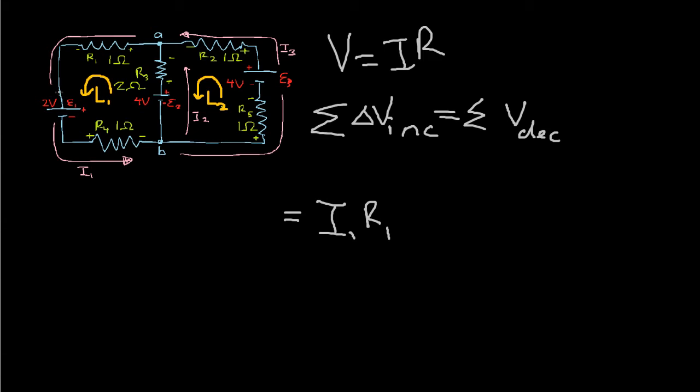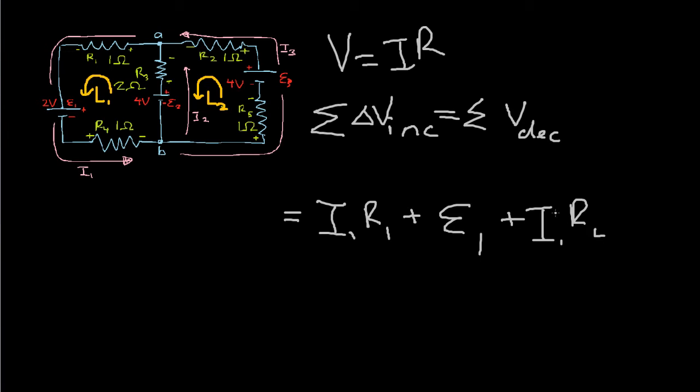Notice we're going against E1, so instead of a positive change in voltage, it's decreasing, so we keep it on the right side too. We don't need Ohm's law because E1 is in volts already. And now we have resistor 4: I1, R4.